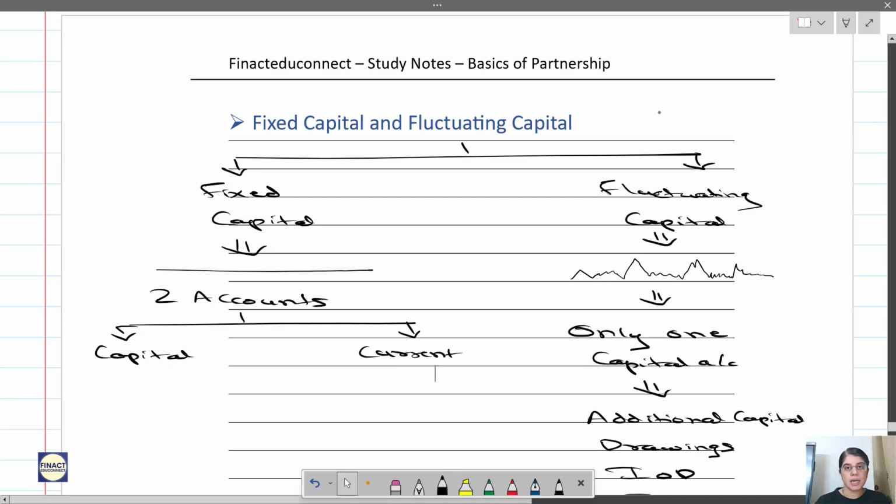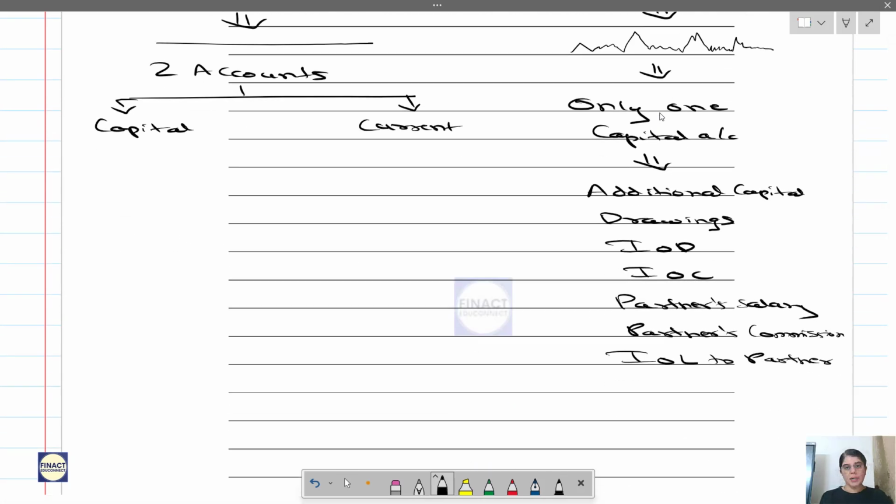Understand this carefully. So in capital account you will only record the transactions of additional capital and withdrawal of capital, not drawings. Remember, withdrawal of capital. So whatever transactions are causing a long-term effect in the capital account will go to your capital account, whereas all the other transactions other than this will be recorded in the current account.